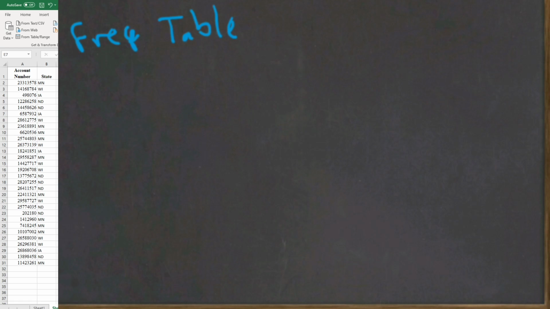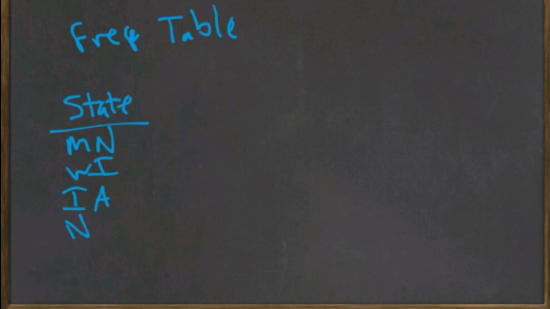There's no Oklahoma in this list, so we don't need to put a label for Oklahoma. But once we have that, we would have the state. I think it was Minnesota, Wisconsin, Iowa, and North Dakota.